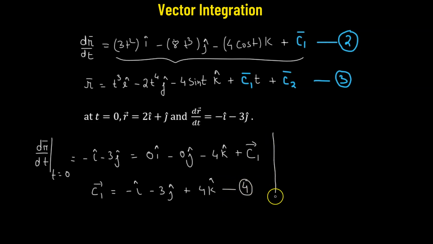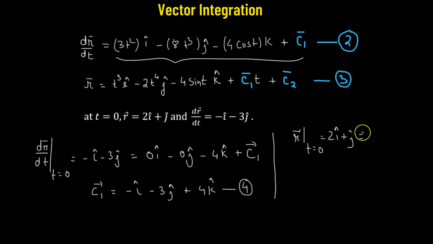Right. And we are provided with the fact that r vector calculated at t equals 0 equals 2i cap plus j cap. So we'll consider equation number 3. Here we have t cubed i cap, which will be 0 i cap, minus 0 j cap, minus 4 times sine 0, which is 0.